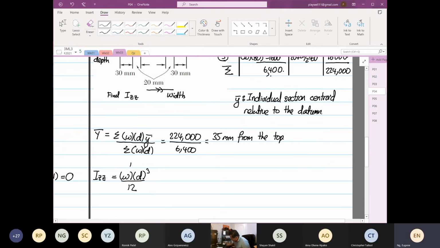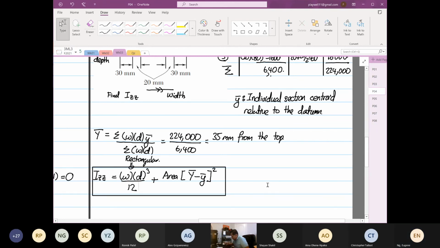Now the over 12 is because it is a rectangle. Plus area multiplied by y bar minus, so that is the global centroid minus the individual centroid, and you square the whole thing. This is a formula that some of you have seen before, some of you have not.